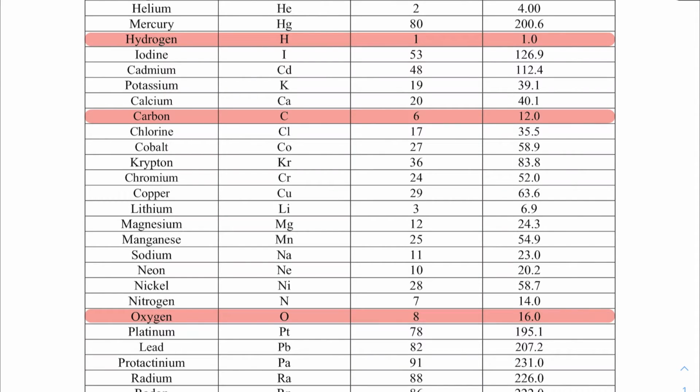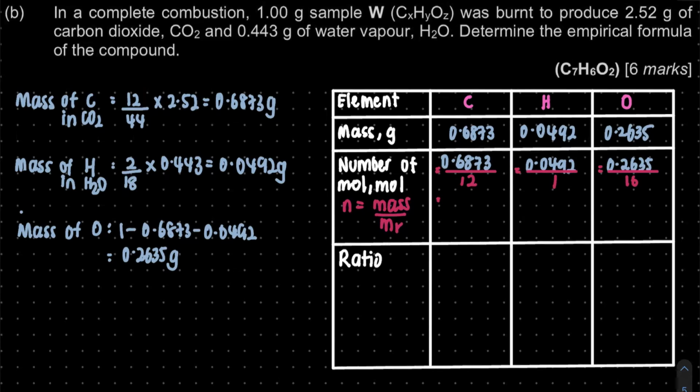Here we can see that hydrogen is 1, carbon is 12, and oxygen is 16. So we're going to divide the mass by molar mass to get the number of mole. The number of mole of carbon is 0.0573, your hydrogen is 0.0492, and your oxygen will be 0.0165. So here is the number of mole. Next is the ratio.